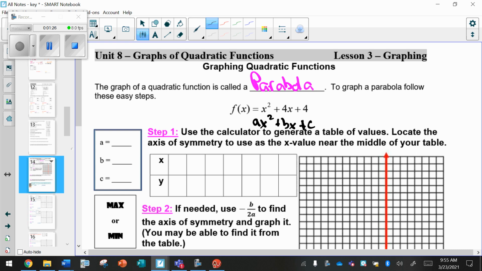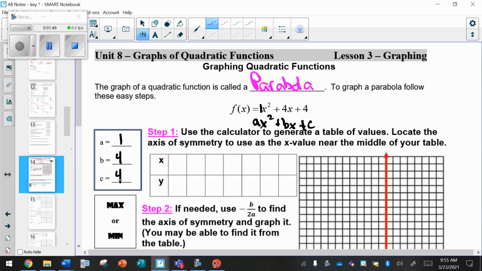That's how we're going to figure out what number is a. The invisible coefficient in front of an x squared is 1. What number is b? B is always the coefficient of the x term. So in this case, it is 4. And then c is the number that has no x next to it at all. So that is also a 4.